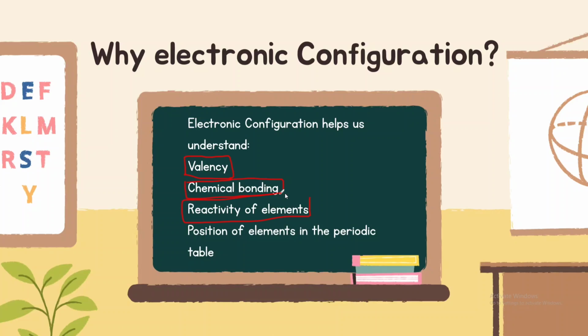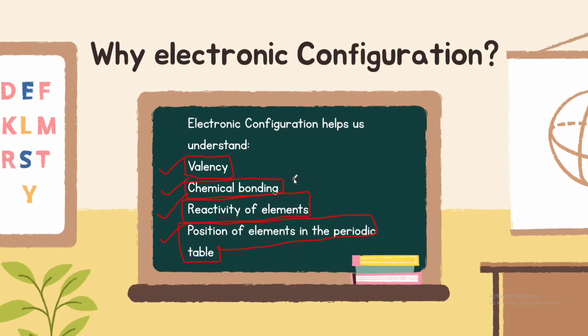And the position of elements in the periodic table is also according to the electronic configuration. So these are the 4 topics which electronic configuration explains. Without understanding electronic configuration, many chemistry topics become difficult. So make sure you understand the chapter thoroughly.